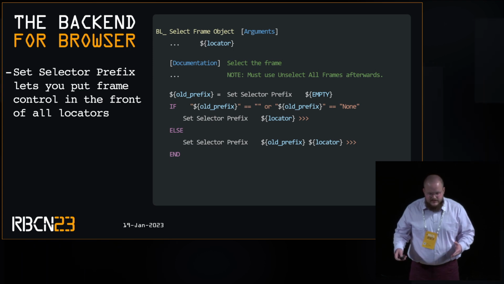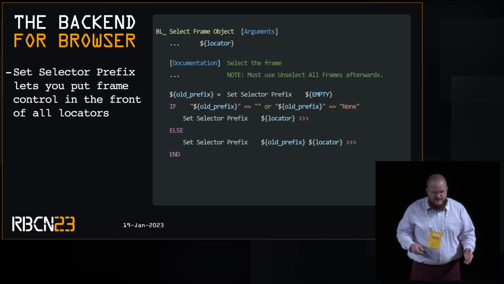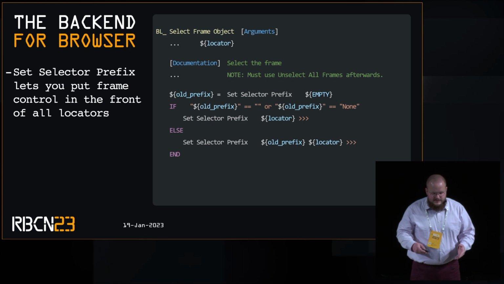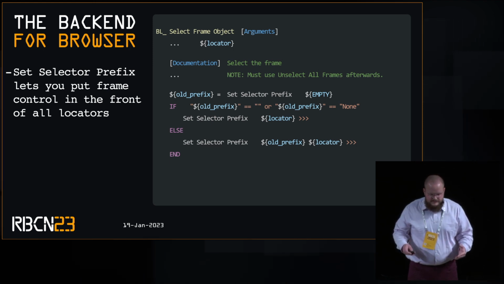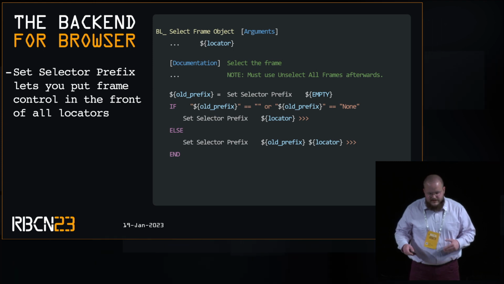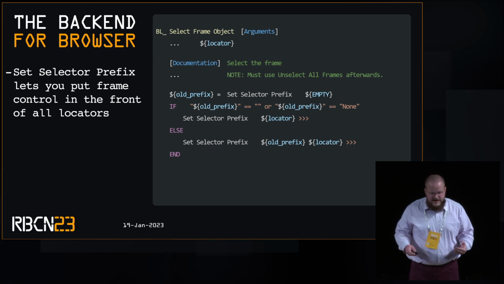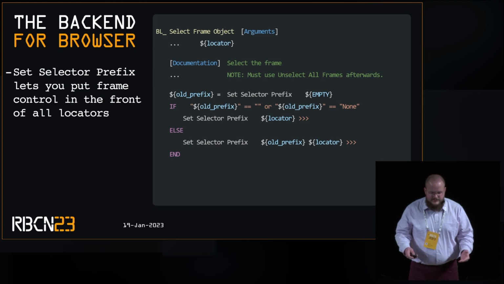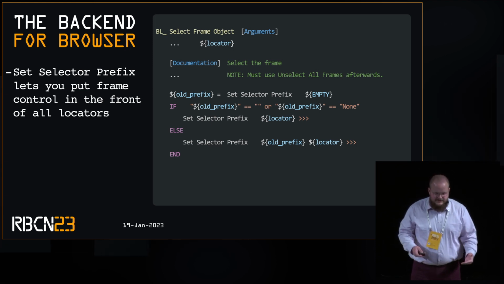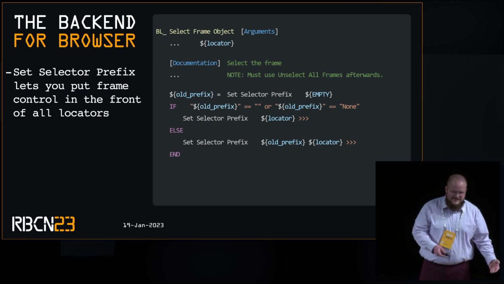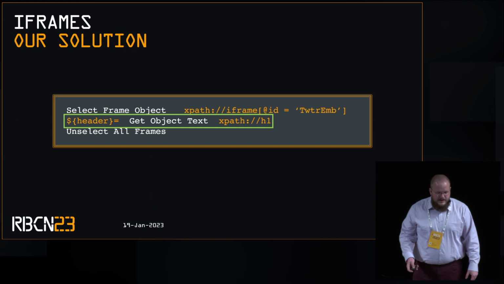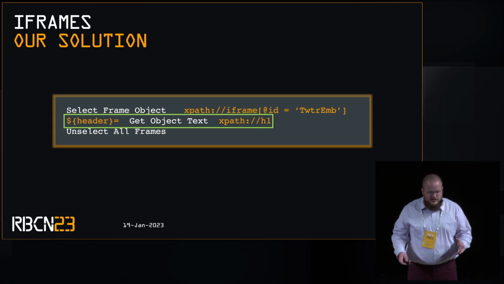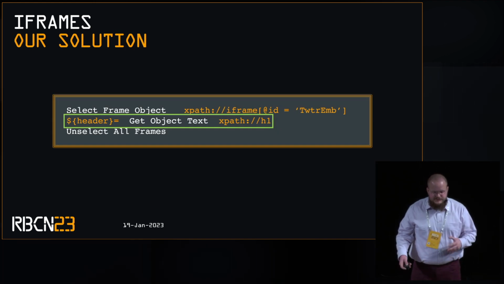If it's empty, we use that iframe locator and add the 3 arrows that indicate the frame is being selected. And then if the prefix is already occupied, that means that we've already selected a frame and we'd like to select another frame. So we take the old prefix and prefix it on top of our new iframe that we were interested in selecting.